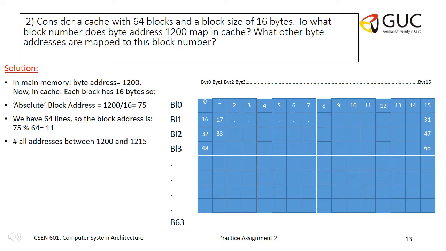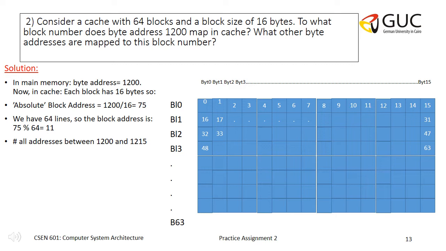Okay, what does the question need? It needs us to know where byte 1200 maps in this cache. So it's simple. If we have 64 blocks and each block has 16 bytes, it's an easy math calculation: we divide the address we have by 16.